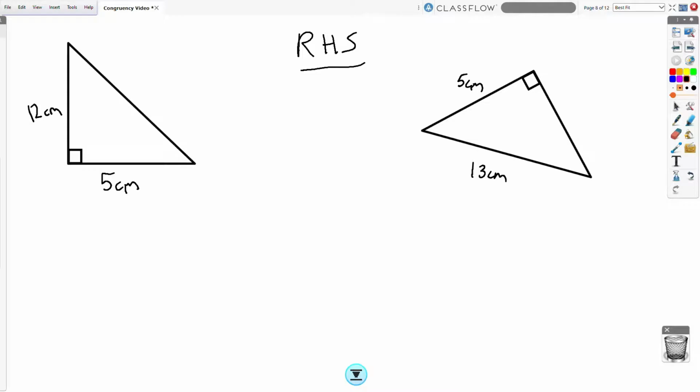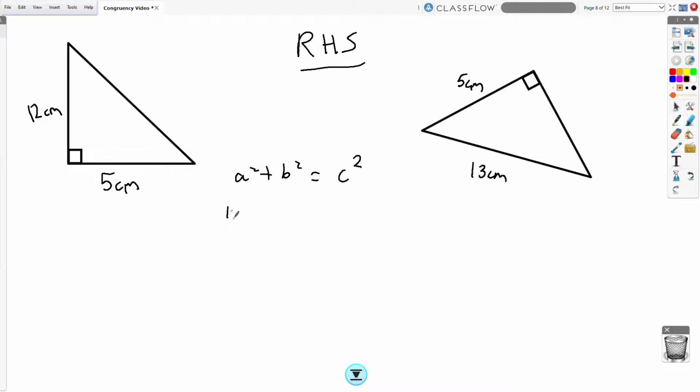So what you want to do here is you'll need to find the third side and make sure they're both the same. So ideally this should be 13 and this should be 12. Now the way to do that is to use Pythagoras' theorem, since we have a right angle triangle. So remember, a squared plus b squared is equal to c squared, which is the longest side.